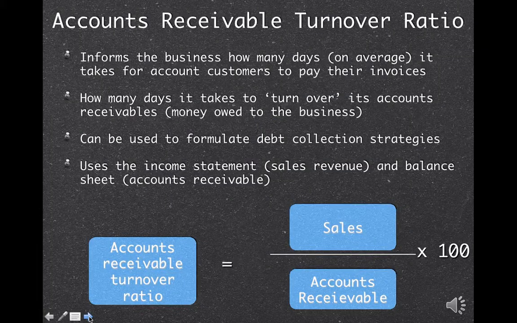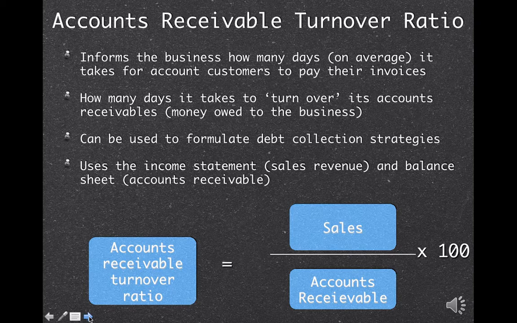Now let's have a look at the accounts receivable turnover ratio. This is the last ratio that we're going to look at. It tells a business how many days, on average, it takes for their customers, the people they sold goods to, probably on 30-day credit terms or 40-day credit terms, to pay their invoices. Basically the turnover of accounts, how quickly they can receive the money owed.